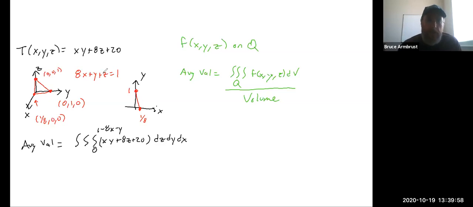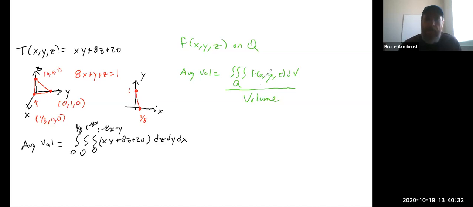Let z equal 0, because we're in the xy plane, which then gives us y equals 1 minus 8x. And then lastly, we need our bounds on x, which are going to go from 0 to 1/8. So that's the integral on top.